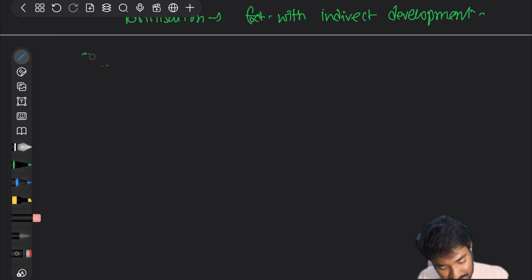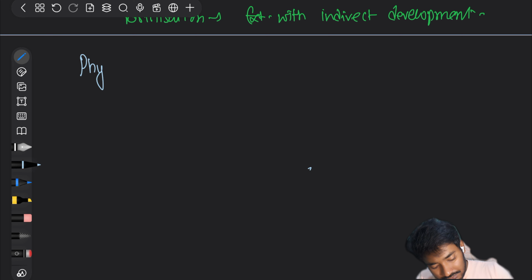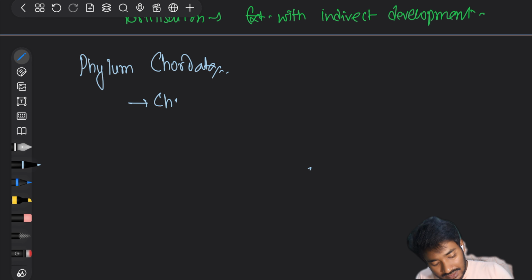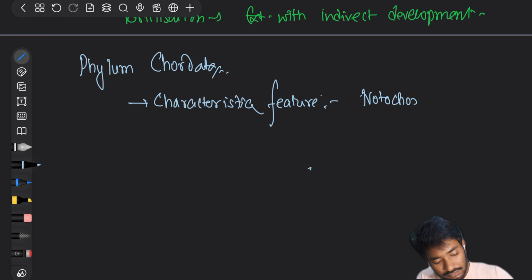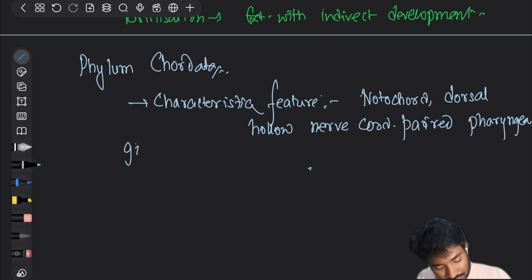Okay, now come to Chordata. Now phylum Chordata. Characteristic features: notochord, dorsal hollow nerve cord, paired pharyngeal gill slits, post-anal tail.